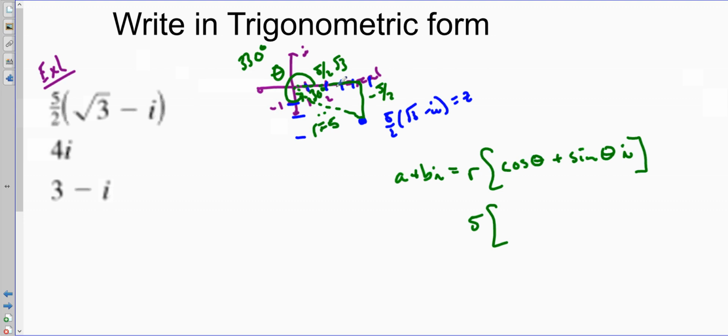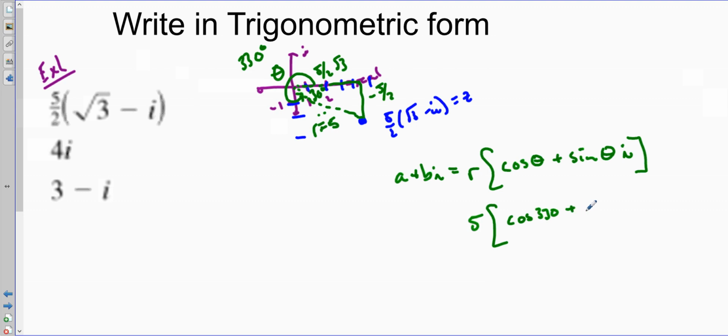Cosine is going to be cosine of 330, and sine is going to be sine of 330. Maybe we should put the I in front, just so we don't get confused.